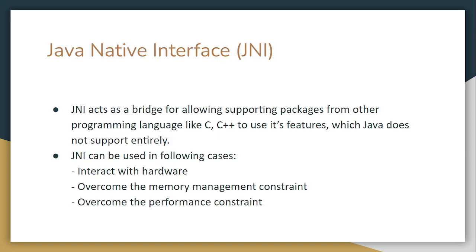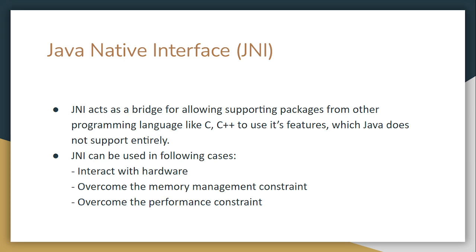Next is Java native interface. So, like we know, other languages like C, C++ have some features that Java wants to leverage. Like whenever we need to interact with hardware, or we want to have memory management, we need to manage our memory.